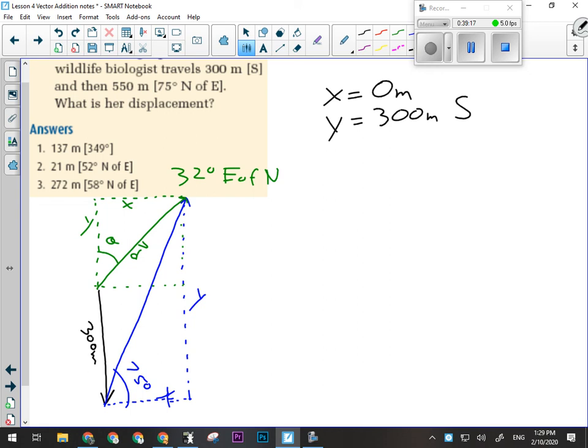There's no triangle there, and its y component is 300 meters south. For my blue vector, that one is going to require some trigonometry. So blue x is adjacent to my 75 degree angle and my 550 meter long vector. So I'm going to have cos of 75 times 550 to get that one.